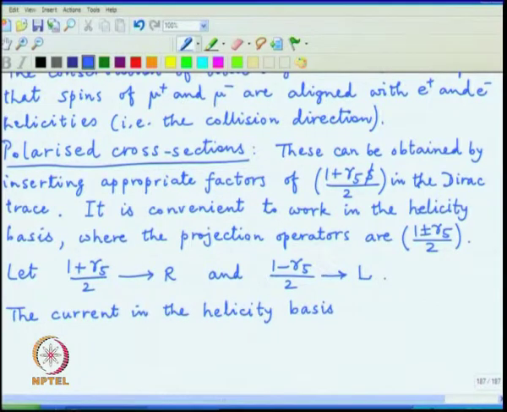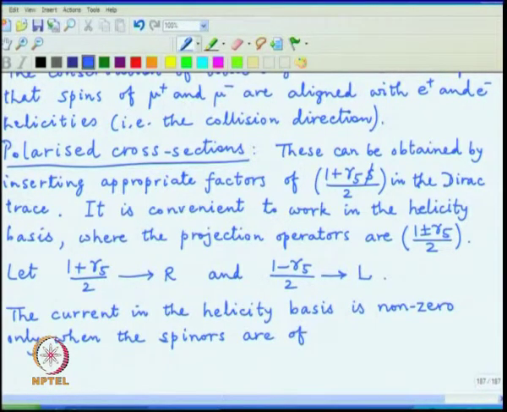The non-zero contribution comes only when the spinors in the current are of the same type.